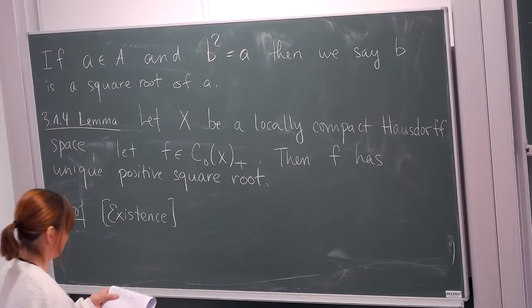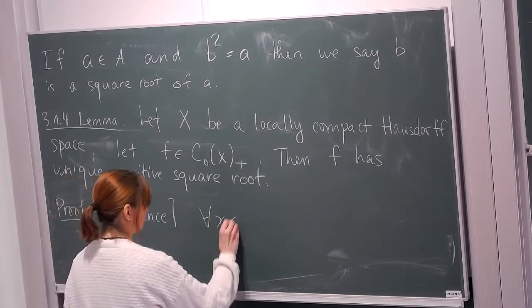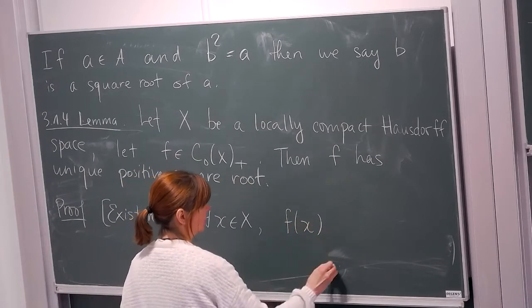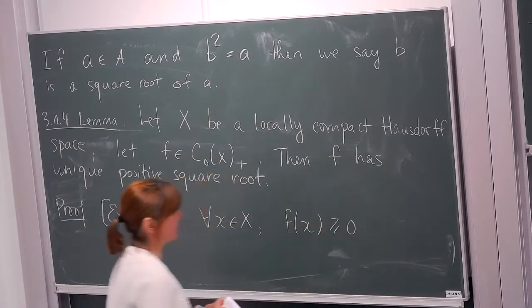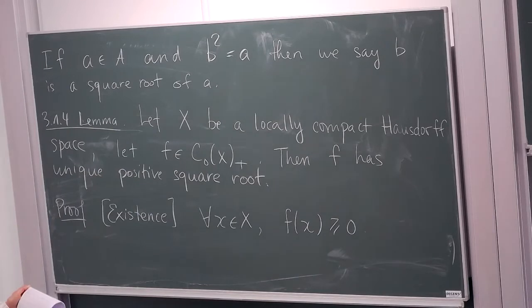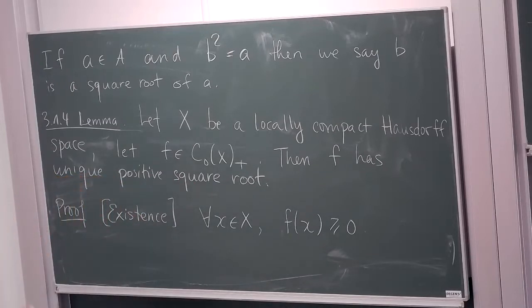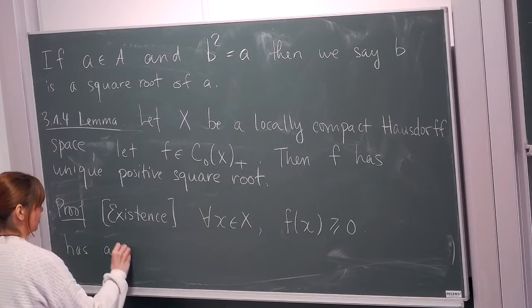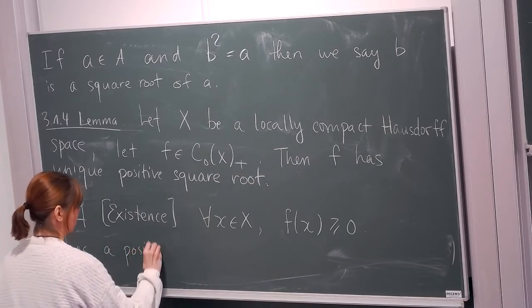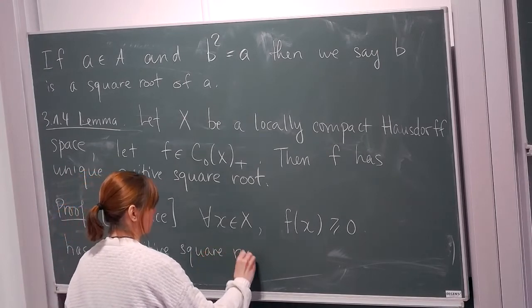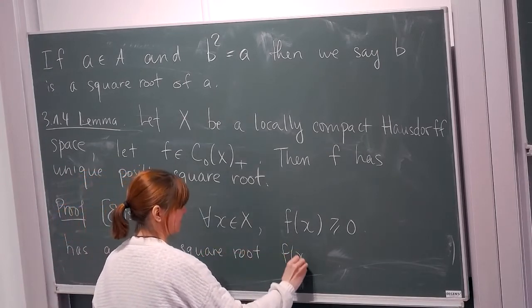So that means that for every x in X, f of x is greater than or equal to 0. So for every x, this number here has a positive square root, namely, of course, f of x to the half.